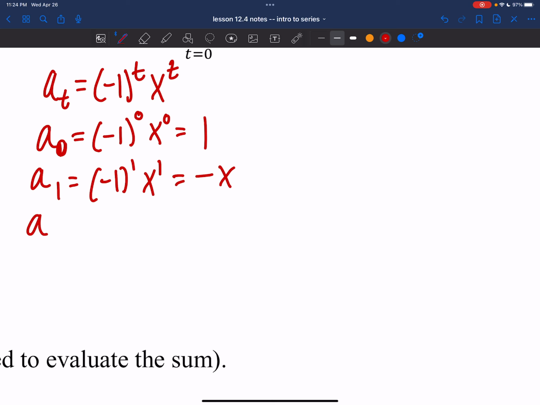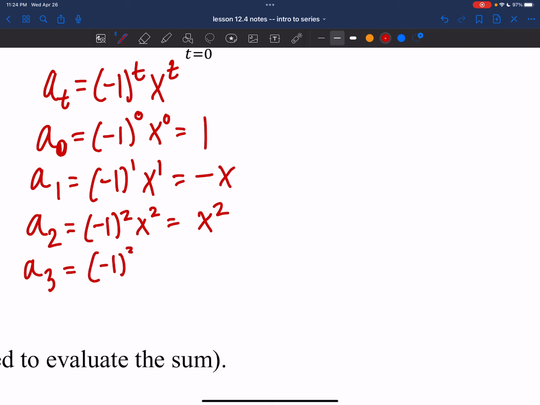Now a sub 2 is -1 squared times x squared. So -1 squared is positive 1, which means this is positive x squared. A sub 3 is -1 cubed times x cubed, and -1 cubed is negative, so negative x cubed. Are you starting to see a pattern? And then a sub 4 would be -1 to the 4, x to the 4.